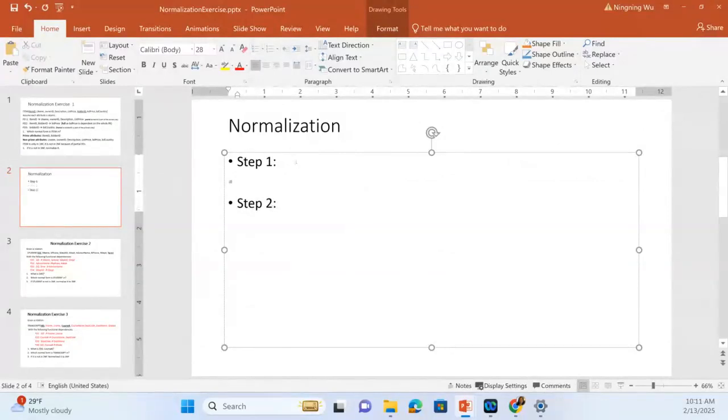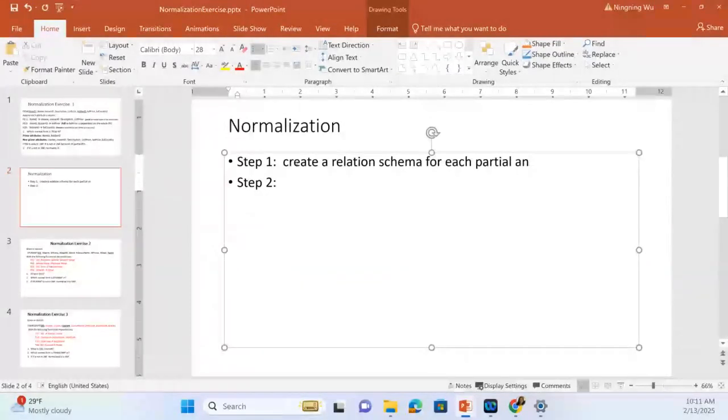Okay, the first step, we're going to create a relation schema for each partial and transitive functional dependency.